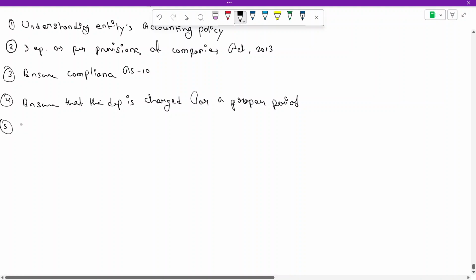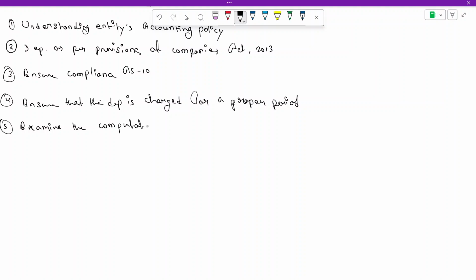Examine the computation of depreciation.